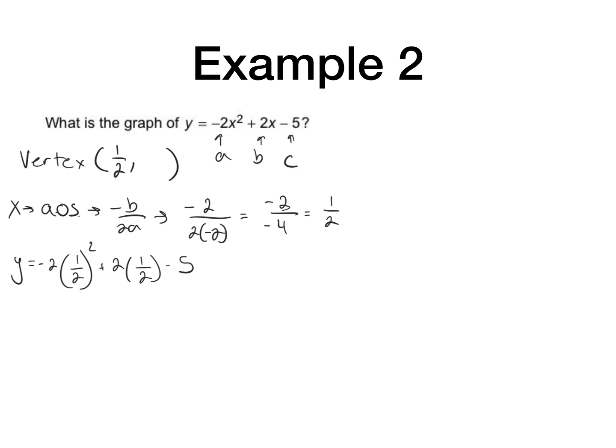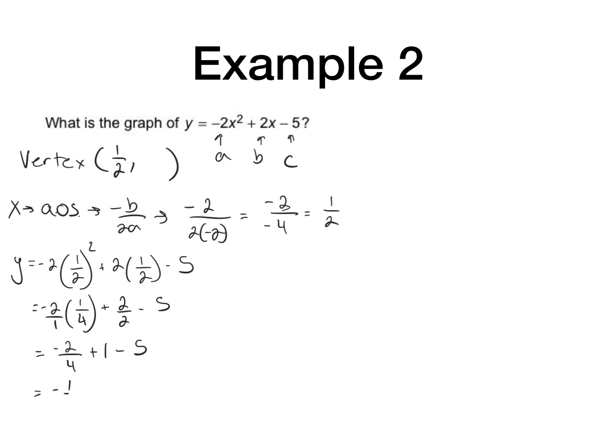So you're going to end up with -2 times 1 over 4 plus 2 over 2 minus 5. Now, -2 is the same thing as -2 over 1. So this is going to become -2 over 4. This is going to become 1 and then minus 5.